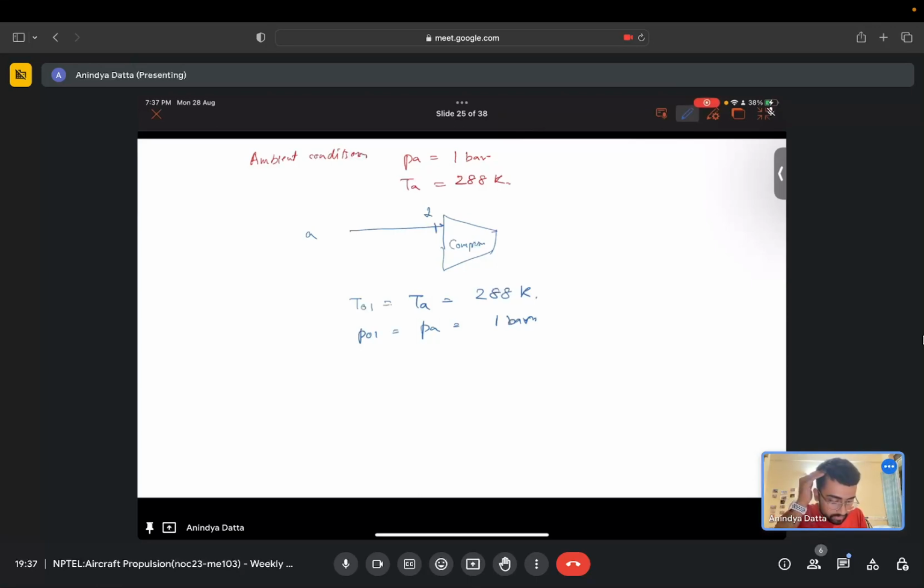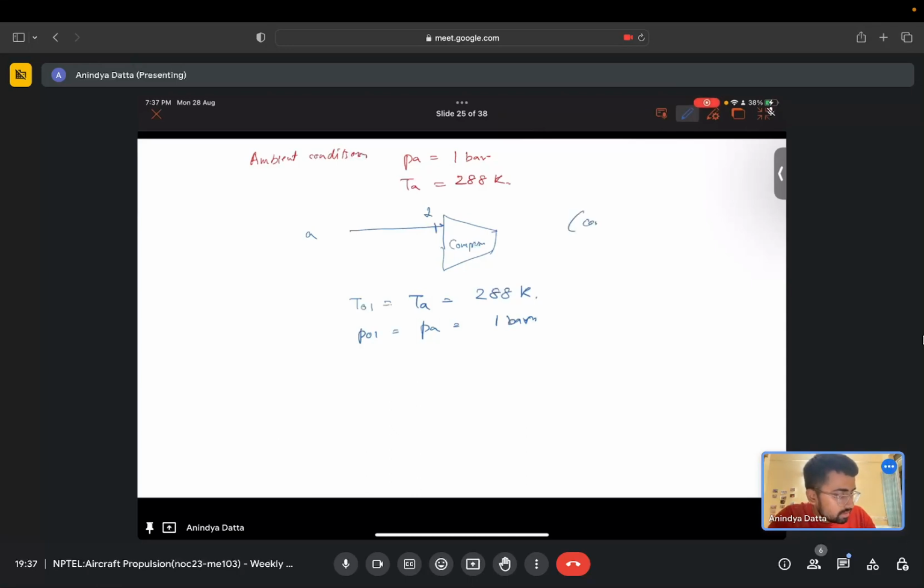Is this part clear, what I wrote? Again, to repeat this, in the ambient condition, the air surrounding this is a stationary gas turbine power plant.